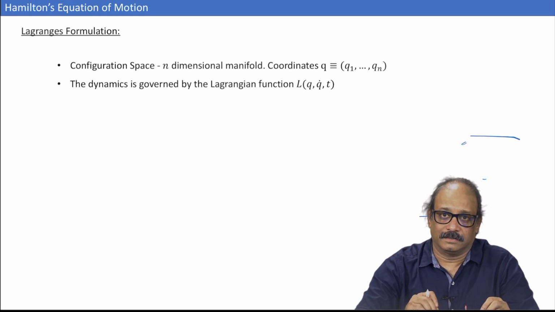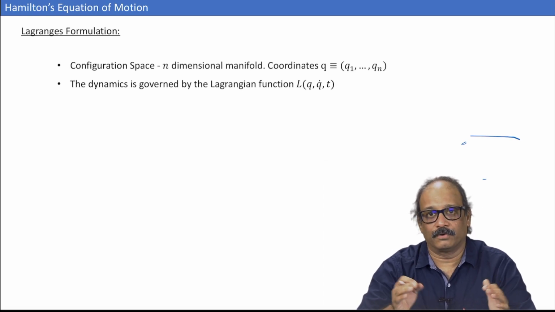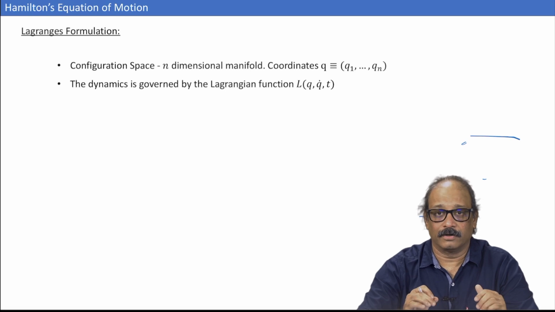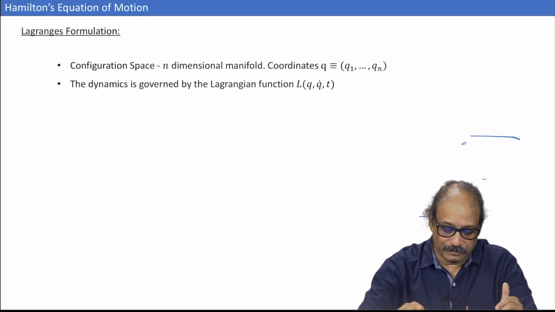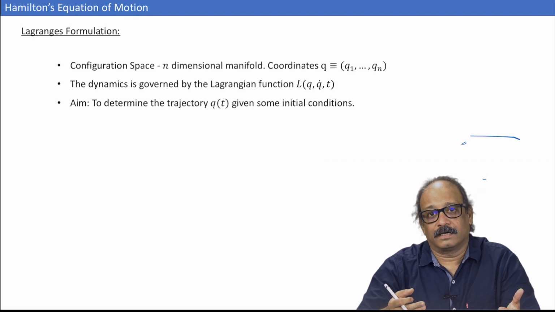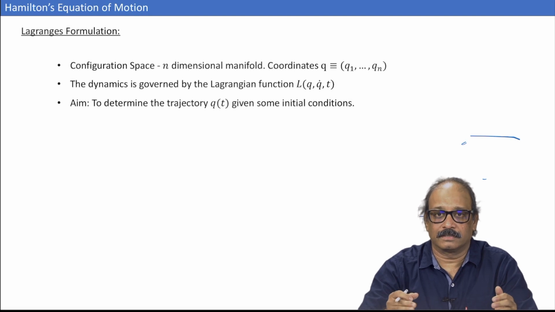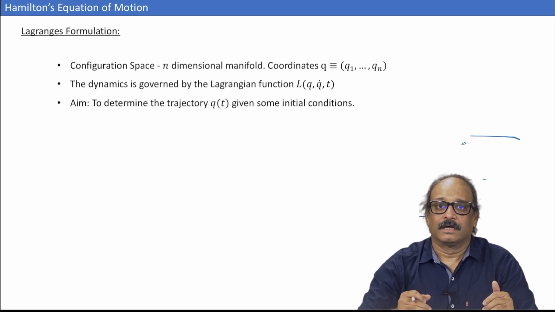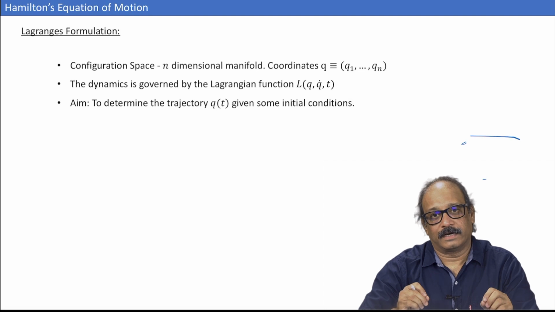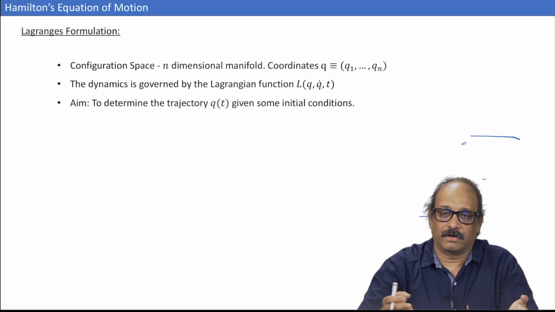So, the aim of this exercise is to obtain the trajectory. Now, the trajectory is of course governed by the Lagrangian. Remember, all the forces are included in your Lagrangian, and the aim of the exercise is to determine the trajectory. And how is this trajectory determined? We know that from Newton's laws or in the Lagrangian formulation, the curve that obeys Lagrange's equation is the curve along which the system will move.